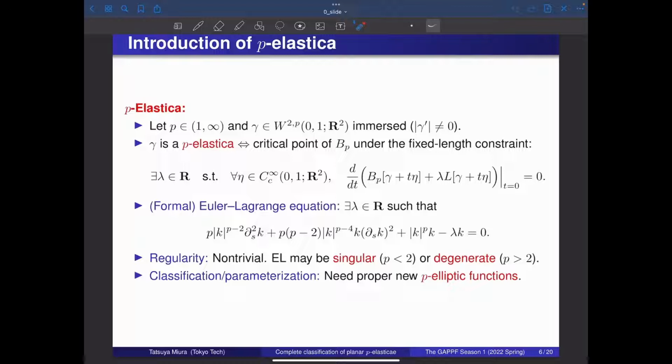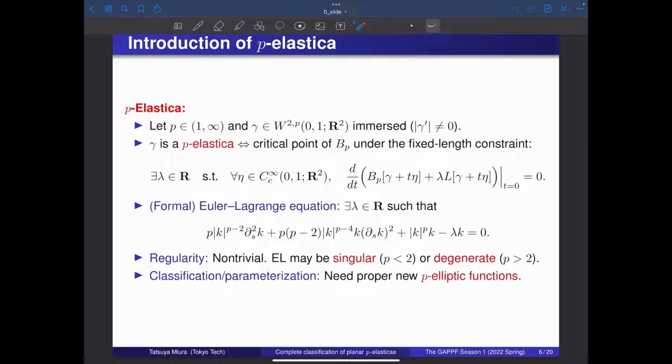In terms of the directional derivative, it is equivalent that there exists a multiplier lambda such that in any direction, the first order derivative of the energy B_p plus lambda L vanishes.